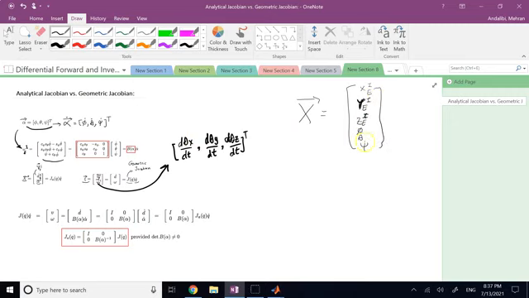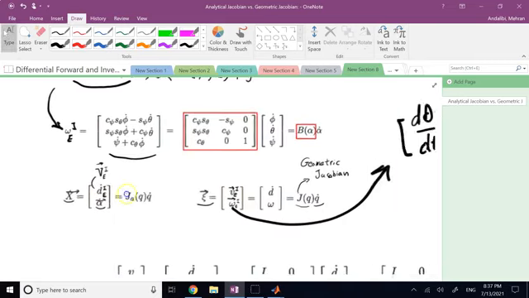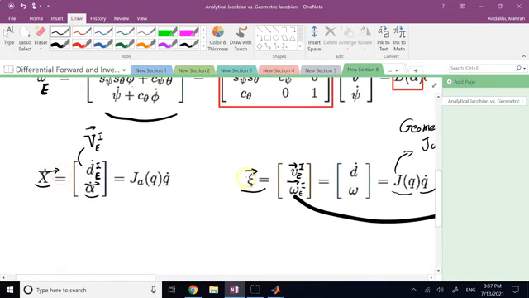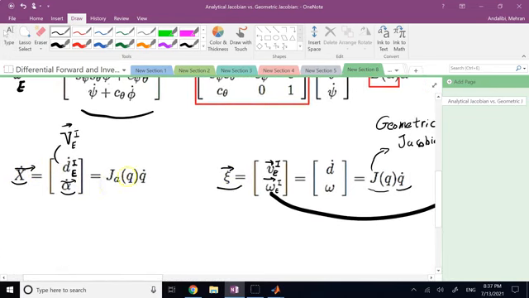So this is the position of the end-effector. The time derivative of that is going to be the velocities of the end-effector. For this one, since it's different from zeta, if I want to write it as a matrix times the joint velocities q dot, this matrix which relates q dot to this one I call the analytic Jacobian.